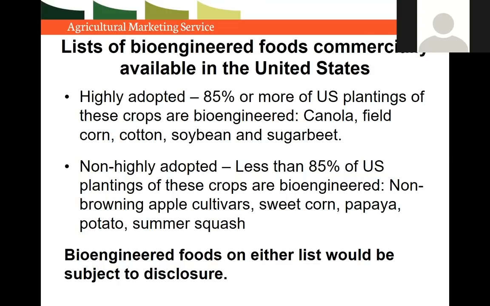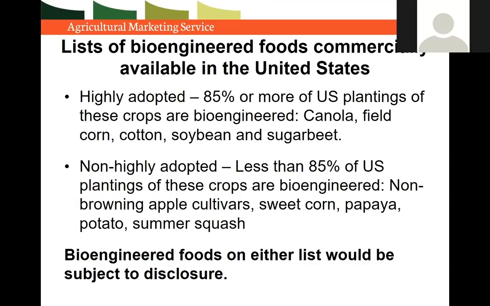In developing these disclosure requirements, USDA has tried to balance flexibility for regulated entities while ensuring that consumers have a clear understanding of the bioengineered content of food they're buying. For this reason, we are proposing to require labels to be of sufficient size and clarity and to appear prominently on food packages. This way, it is more likely to be read and understood by the consumer under ordinary shopping conditions.